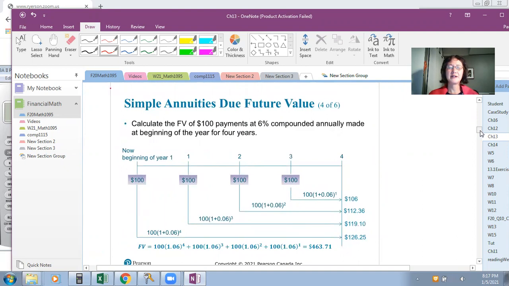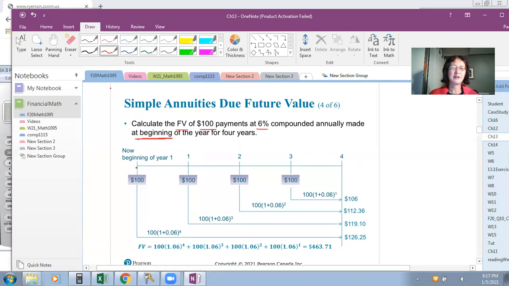Now let's look at an example. Calculate future value of $100 payment at 6% compounded annually made at the beginning of the year for 4 years. So you have made 4 payments at the beginning of each year for 4 years.